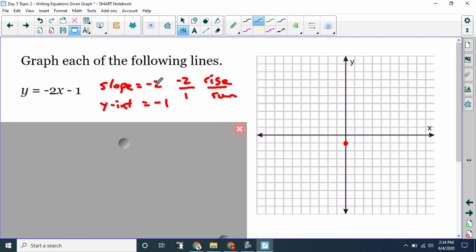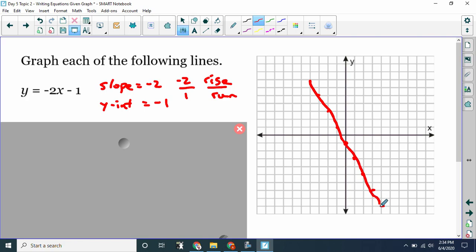Negative 2 divided by 1 is negative 2. So my rise is negative 2. Because it's negative, I'm going down 2, and my run is 1. Down 2, right 1. Down 2, right 1. And then I can put some more points in on this side, and we can draw our line in.